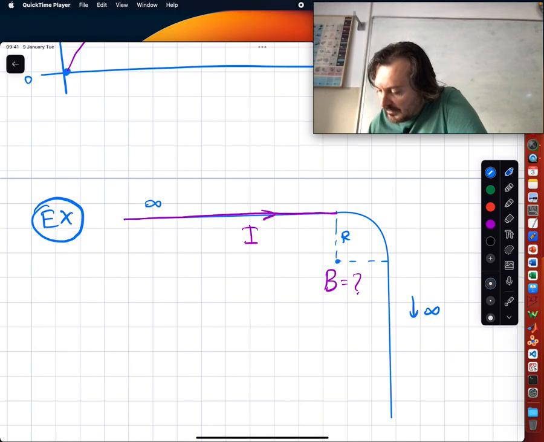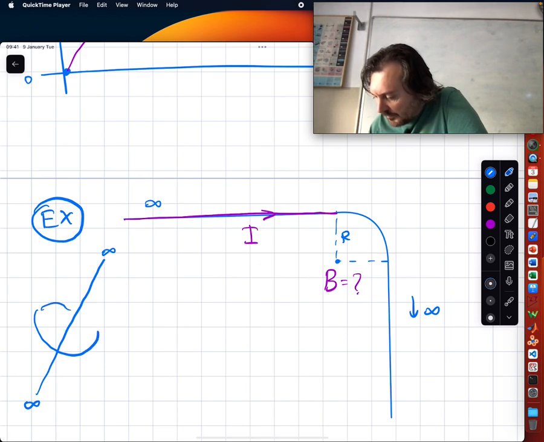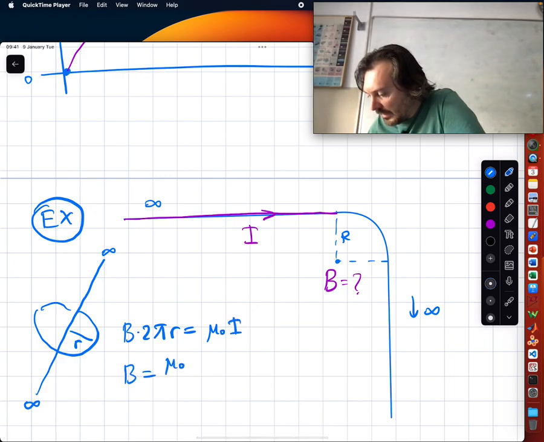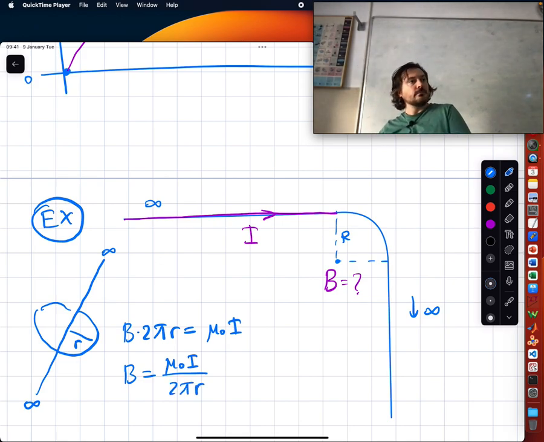So, an infinite wire going to infinity in both directions. How do we find the magnetic field at a distance r? We just say B times 2 pi r is equal to mu 0 I, and we say that B is equal to mu 0 I over 2 pi r. So far so good?